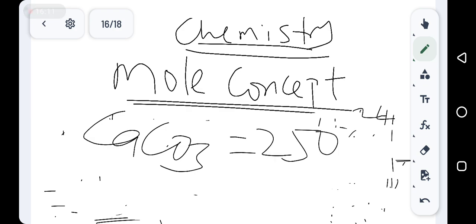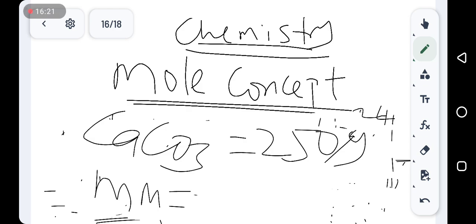We are also given the molar mass of calcium carbonate, which is 100.09 grams per mole. So we are given these two values and we are asked to calculate the number of moles.